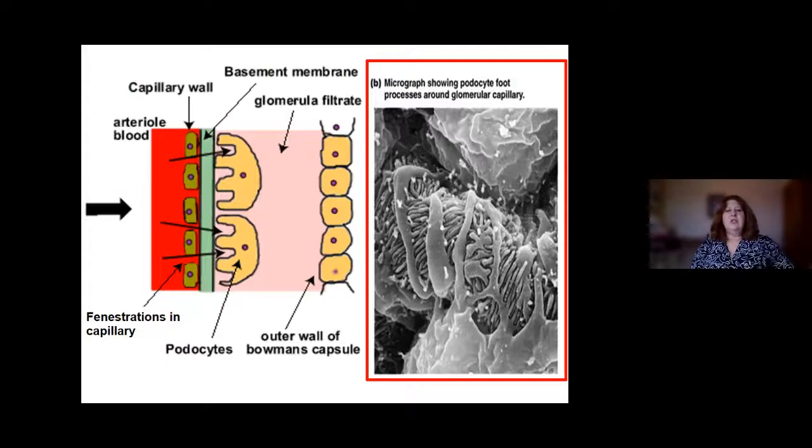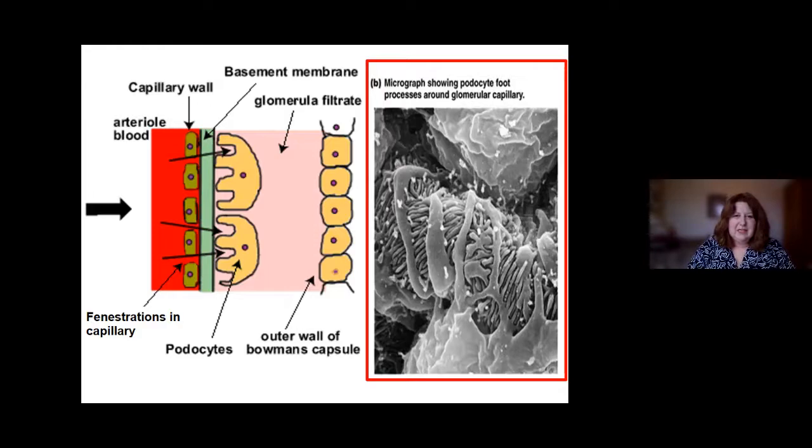Okay, so I thought I'd show you some little images there. There's an electron micrograph, and you can see the pedicels wrapping around the blood capillaries. You can see these little lines, little fingers, which look like they're wrapping around the capillary.